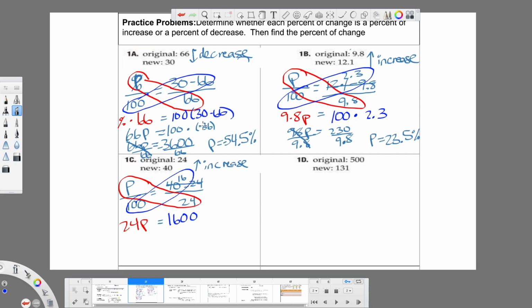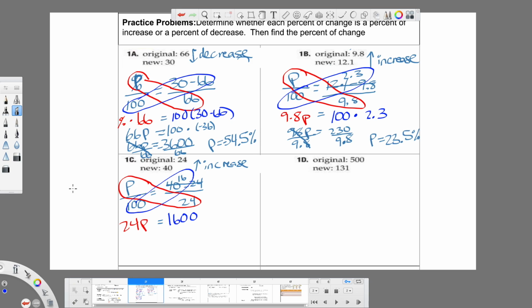Okay, because that might be a question that you're asked in class by a teacher. Say, okay, well, how did you get 1600? Explain it to me. Oh, I multiplied 100 times 16 and I just did it in my head. Or I used a calculator, however you did it. I just multiplied them and wrote down the answer instead of writing it out piece by piece so that you could see it. So just be aware, it depends on the teacher definitely, though. You may be asked those types of questions, so make sure you understand so you can explain yourself.